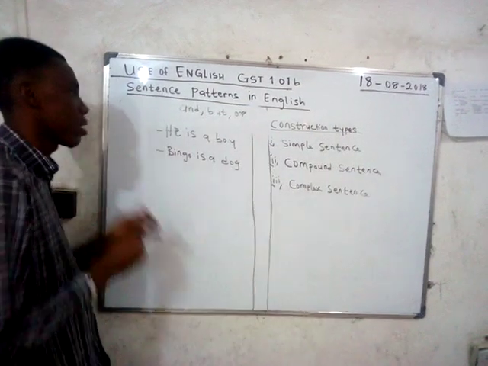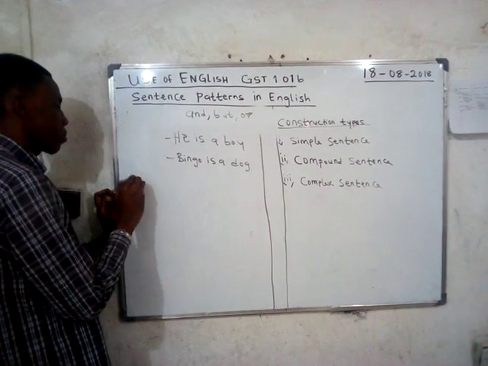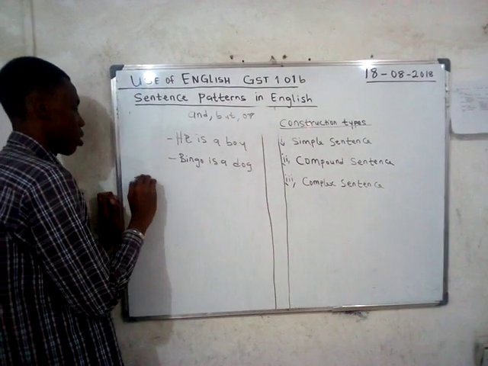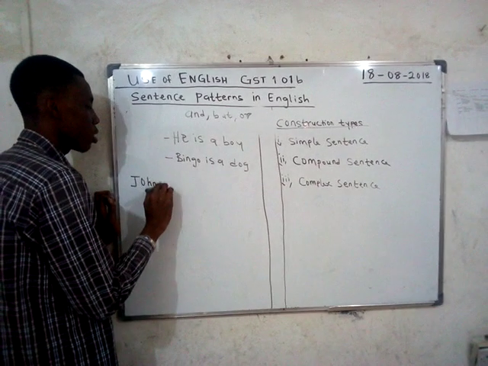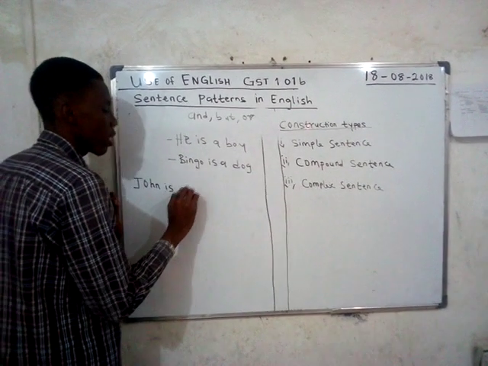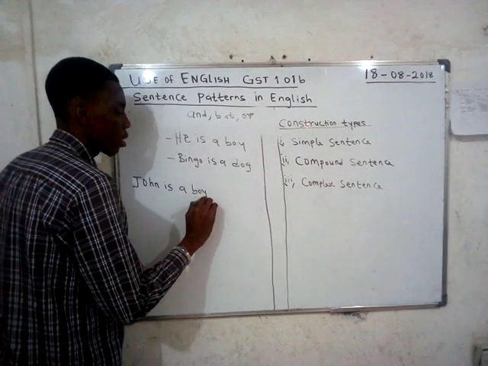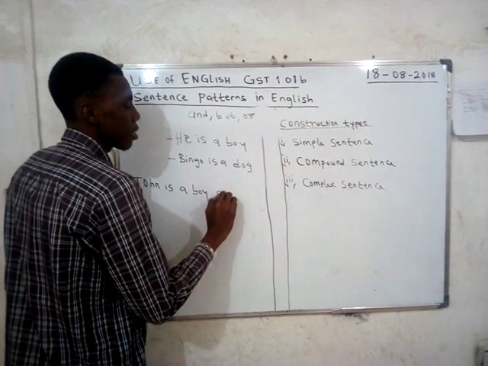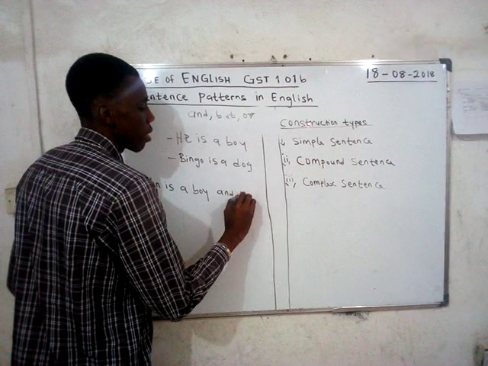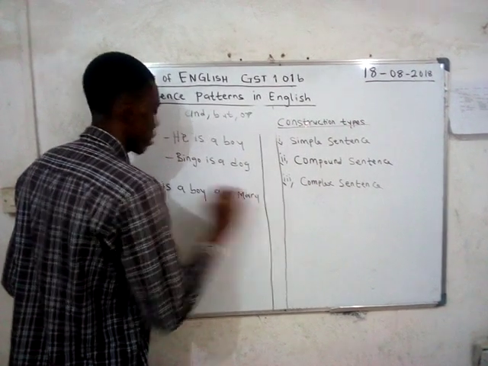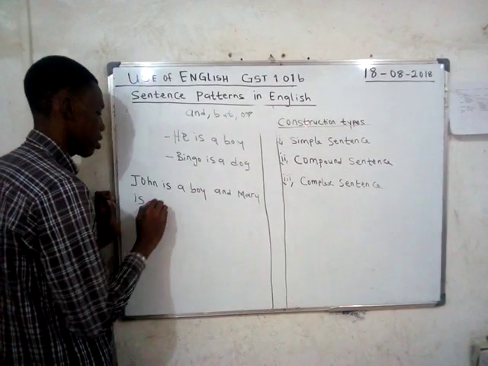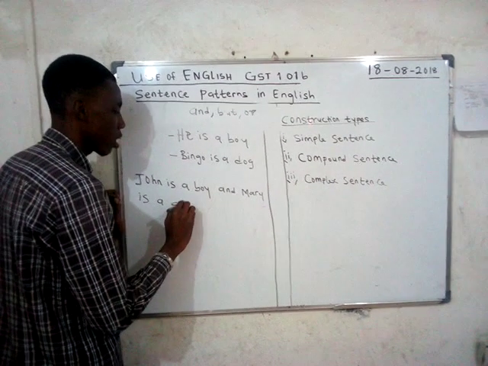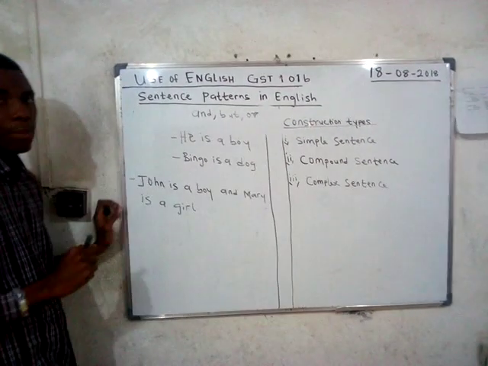Let's look at the following examples. John is a boy and Mary is a girl. That is an example.